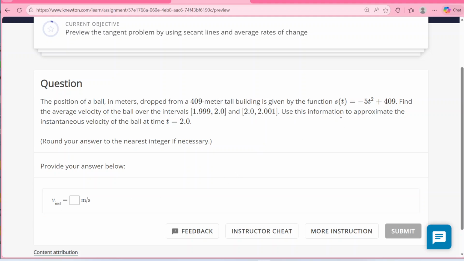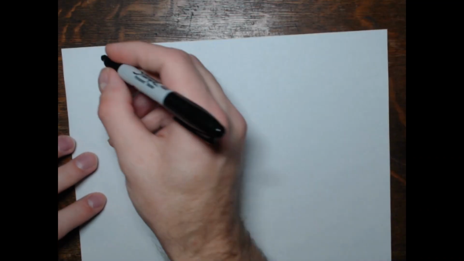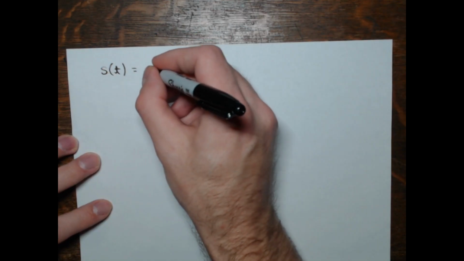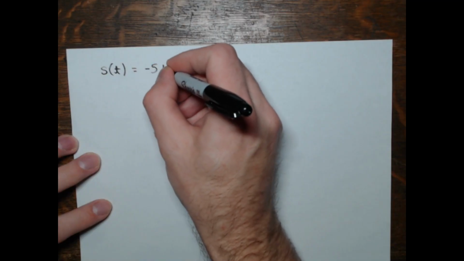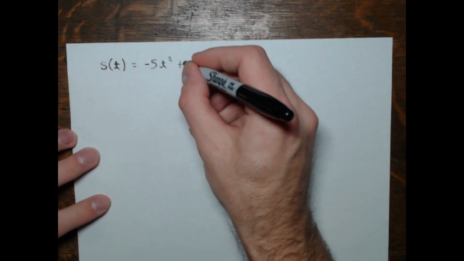All right, so once again, I'll start writing this up, and then we'll go to Desmos and take a look at some things. So my function here is s of t equals negative 5 times t squared plus 409. So once again, we got a quadratic that's going to be a parabola opening down.